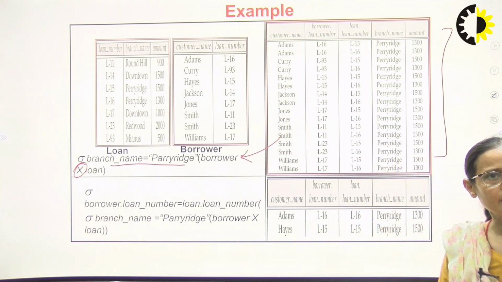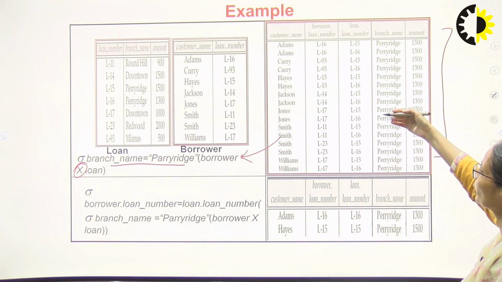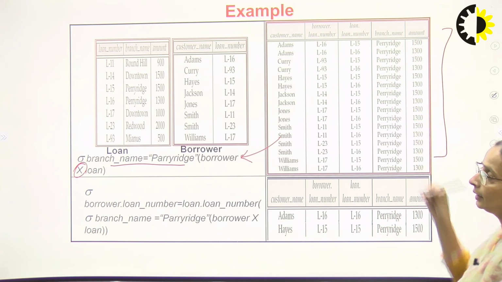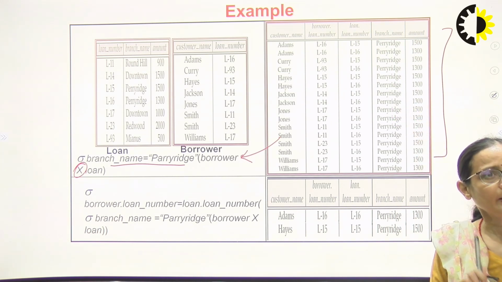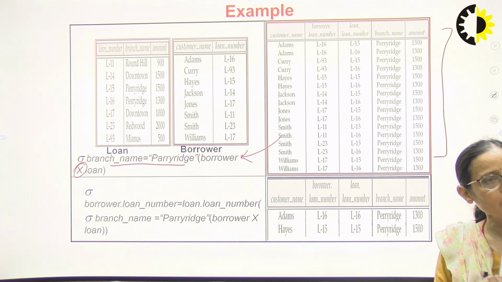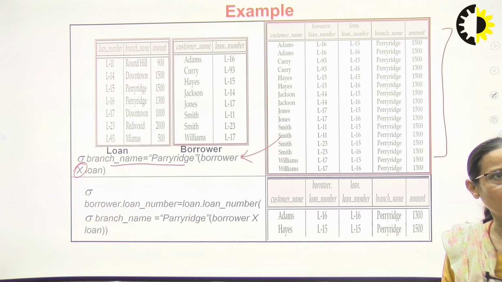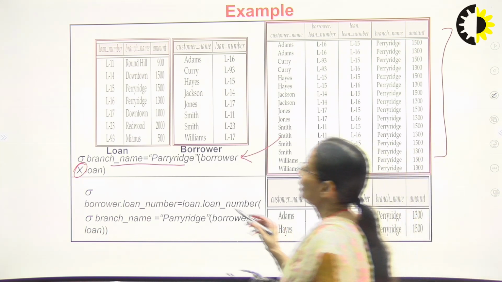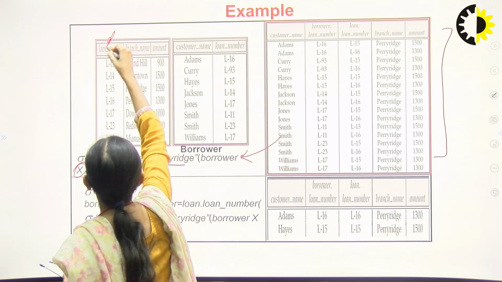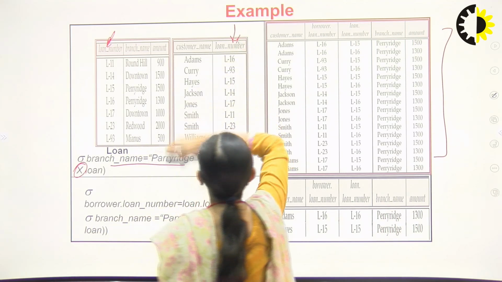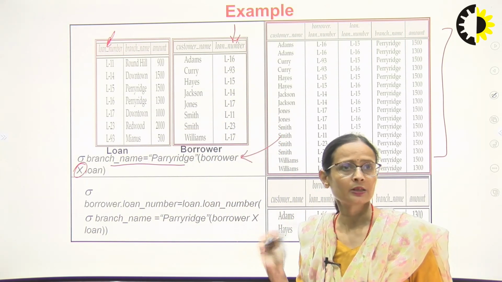But it is giving a lot of information, and I am interested that the person should be an account holder as well as have a loan. So the requirement is that the person should be present here and should have a loan number in this table also.